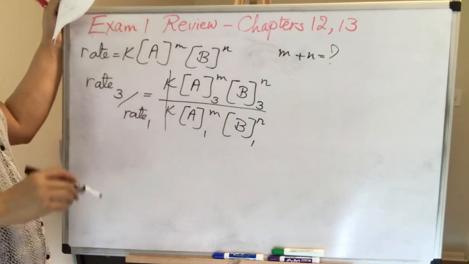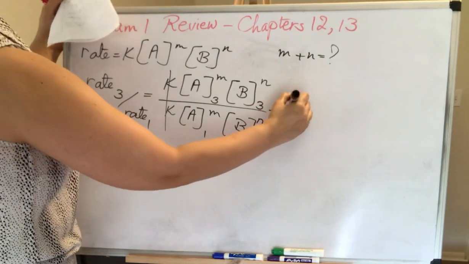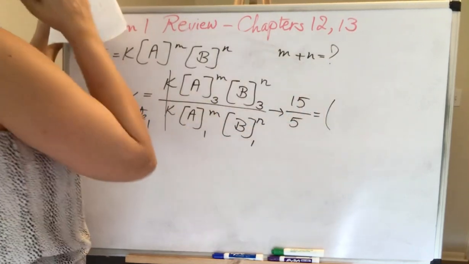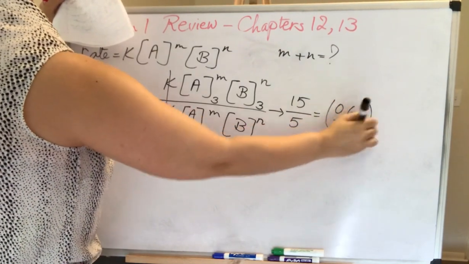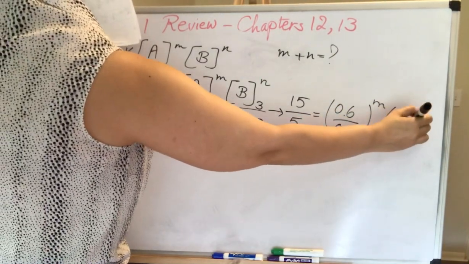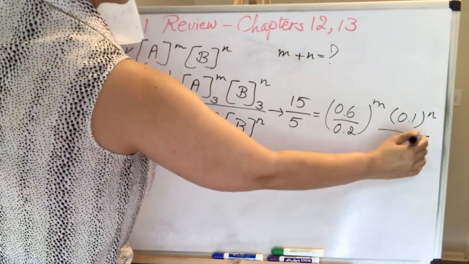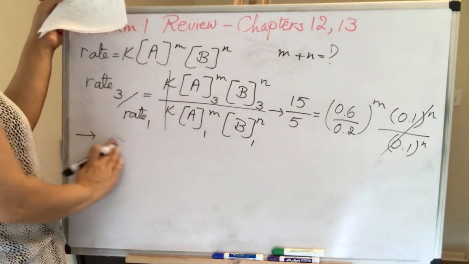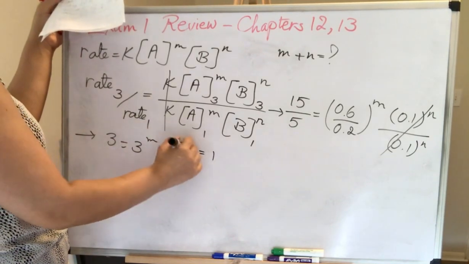So now you can cancel k and k and plug in. Rate for the third experiment is 15. For the first one is 5. For A concentration you have 0.6, and for experiment 1 you have 0.2 molar, and for B, both of them is 0.1. So you can cancel them. Then 3 equals 3 to the m, so m is obviously 1.